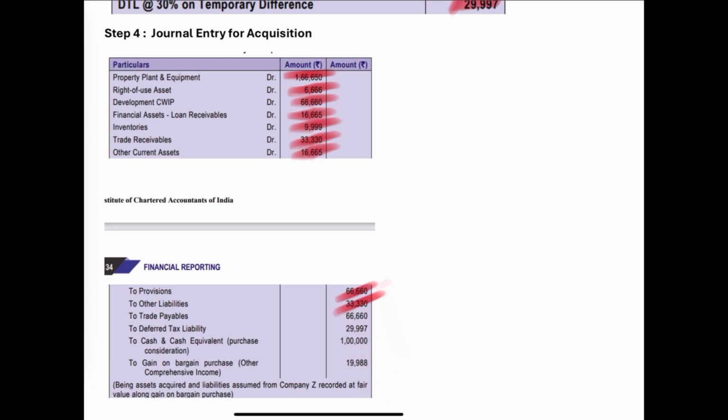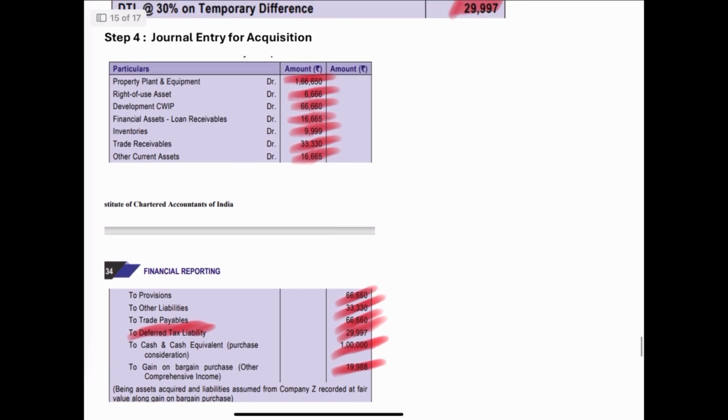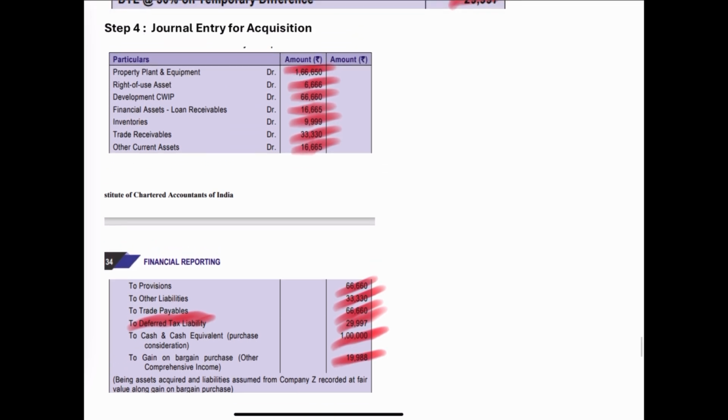So for the provision, 33.33% of the carrying value of the liability we have to credit, and deferred tax liability also we have to credit, and 100,000 is the consideration paid, so we'll have to credit cash 100,000, and then this 19,988 is the gain on bargain purchase, which needs to be credited. So these are the journal entries we have to pass for the merger.